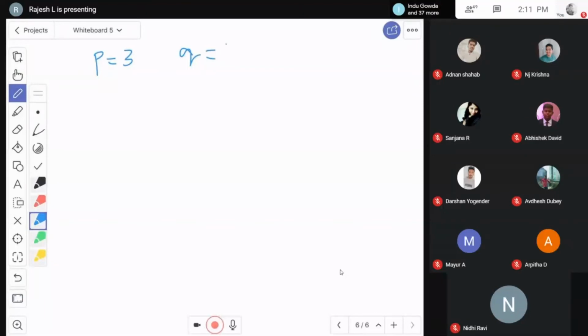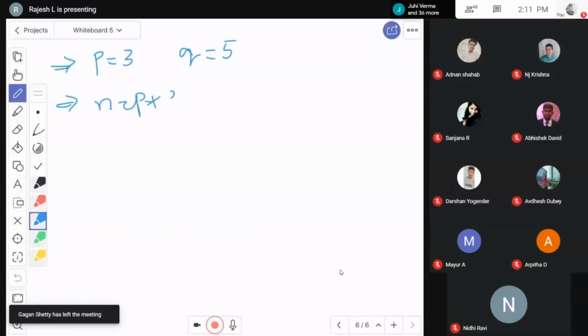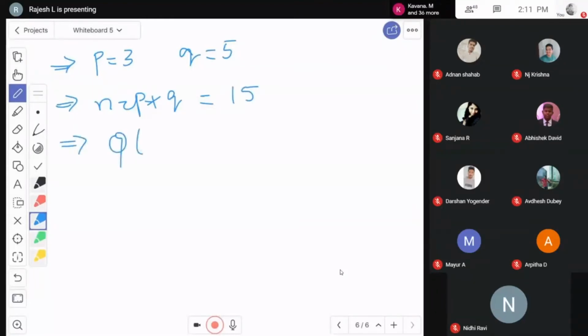This is the first step. The second step is N is equal to P into Q. So what is the N value? 15. Now the third value is phi of N. Phi of N is equal to (P minus 1) into (Q minus 1).